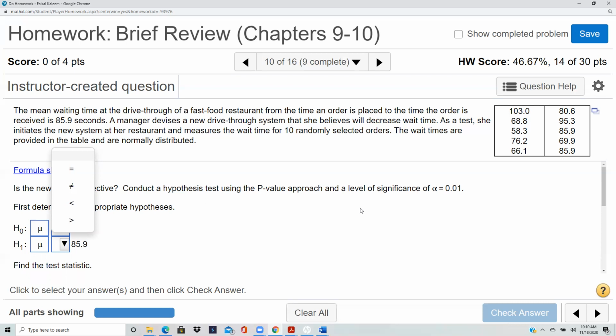What are you trying to investigate or what are you trying to prove? Okay, mine says decrease wait time. Yeah, she believes that it will decrease the wait time. So which one then? Wouldn't it be less than? Okay, and now?